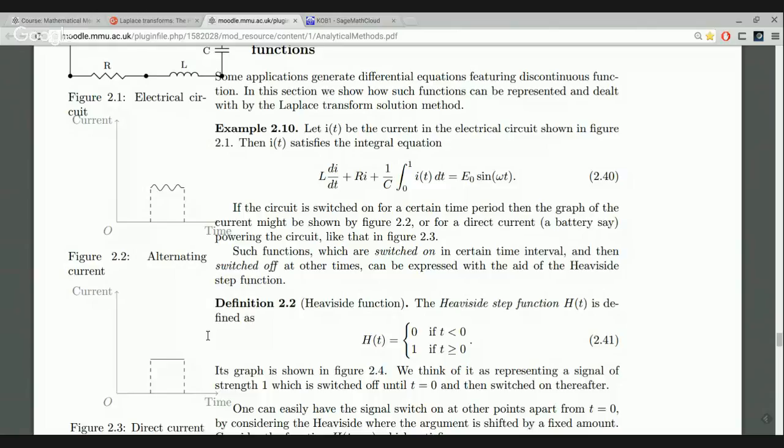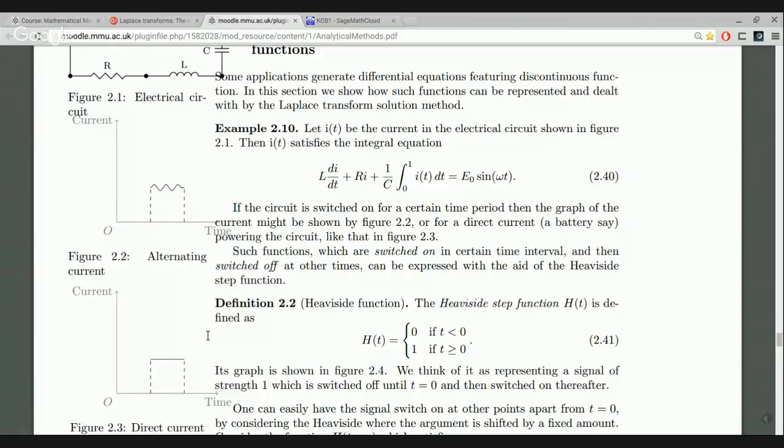Well, I don't need a whole new function to do that. That can be performed by translating the argument of h of t. So this is the graph of h of t minus a.